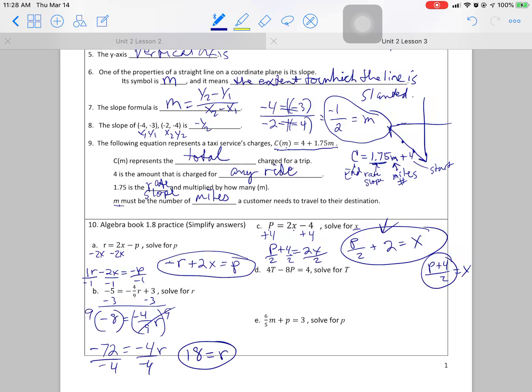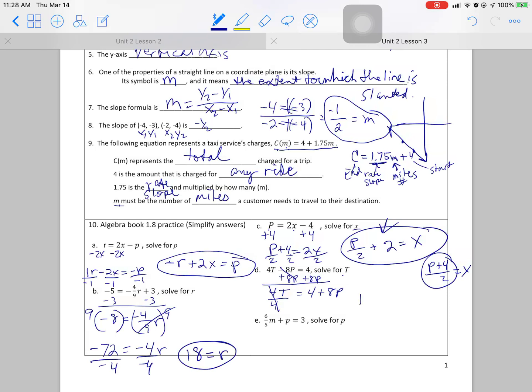All right, here we got a t and a p. We're solving for t, so that means I want to move the 8p. 4t equals, let's see, 4 plus 8p. They're not like terms, so I'm not putting them together. And I'm concentrating on getting my t alone on one side.